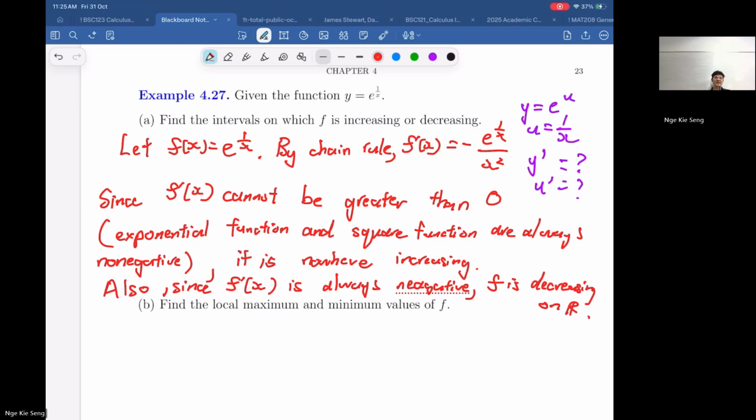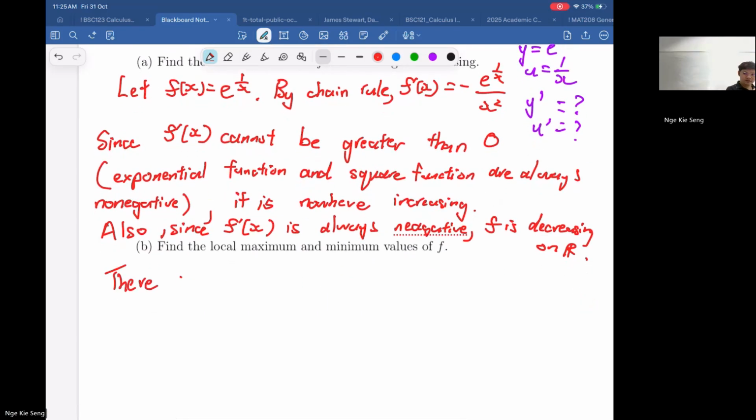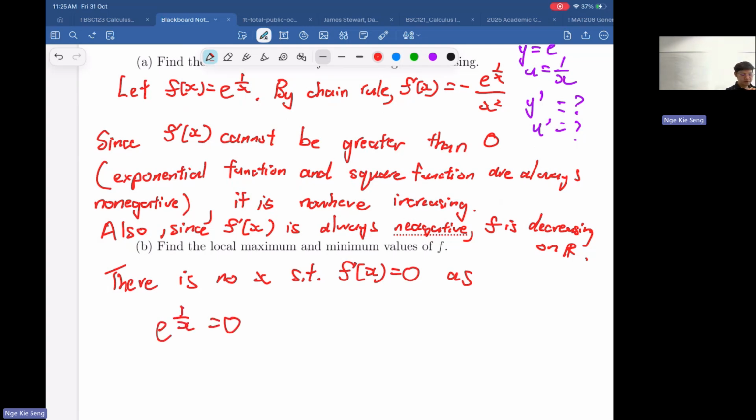Is there any x such that f prime x equals 0? Can f prime x equal 0? No. There's no stationary point, so don't waste your time differentiating a second time. Note that there's no x such that f prime x equals 0, because e to the 1 over x equals 0 is impossible. Your exponential function cannot get to 0.